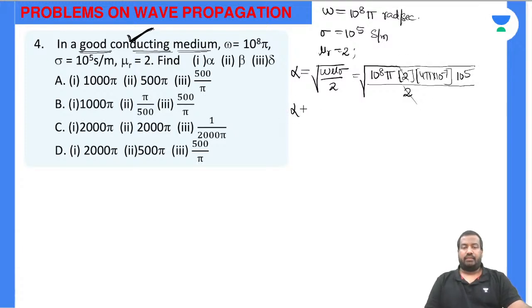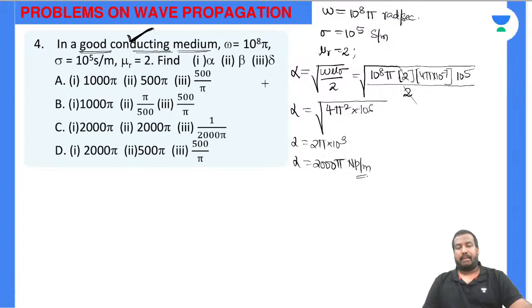The square root of alpha is under root of 4 pi square, 10 power 8 into 10 power minus 7, 10 into 10 power 5, 10 power 6. Alpha is 2 pi into 10 power 3, 2000 pi Nepers per meter.